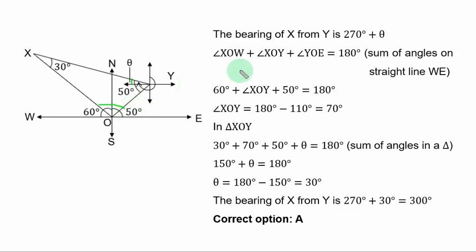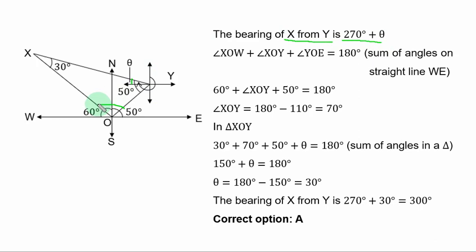Let us state the bearing of S from Y. From this point to this, you have 3 quadrants, and the angle there is 270 degrees plus theta. That is the required bearing.